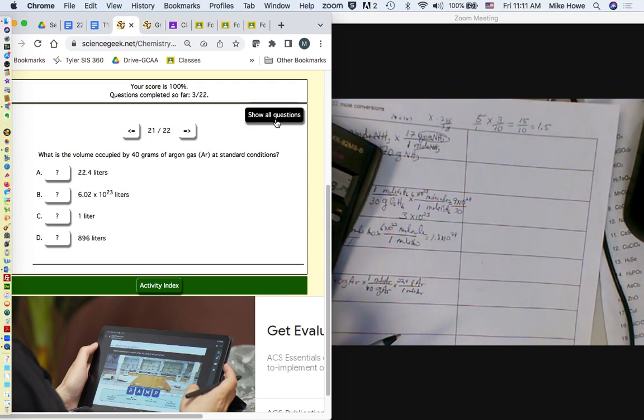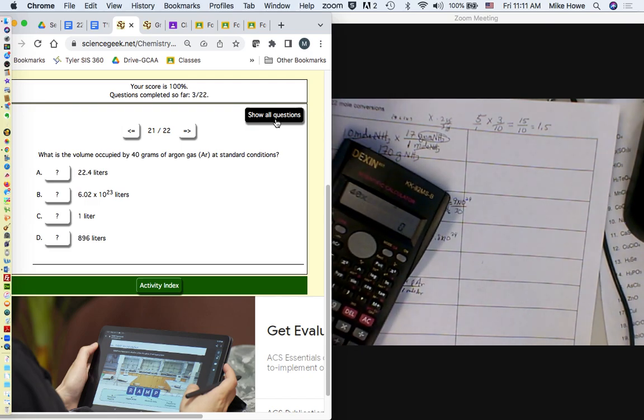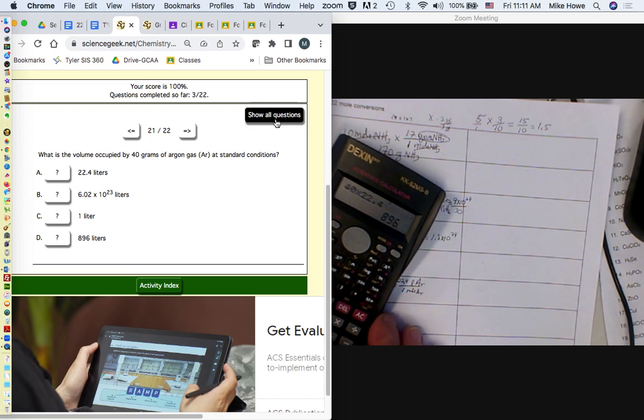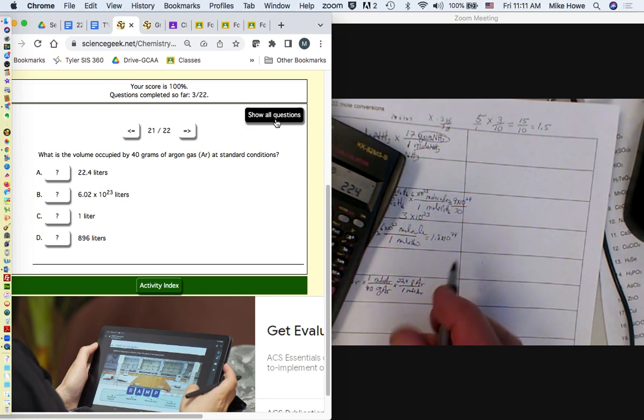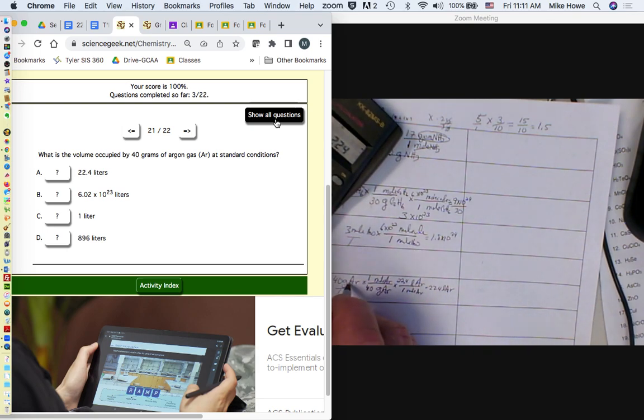So now, doing all the math, multiply everything on the top, remember the invisible 1, so 40 times 22.4 is 896. Then I'm going to divide by 40, which is 22.4. So a final answer would be 22.4 liters of argon. Please notice that the grams were here, so I put them down here to cancel.